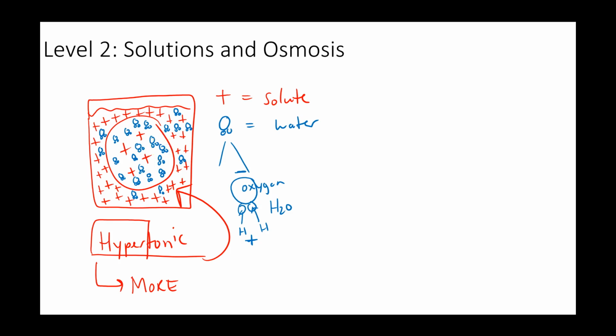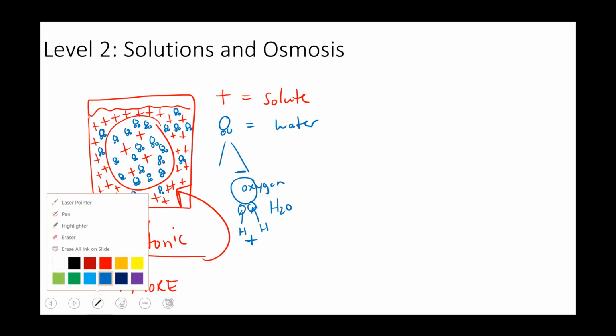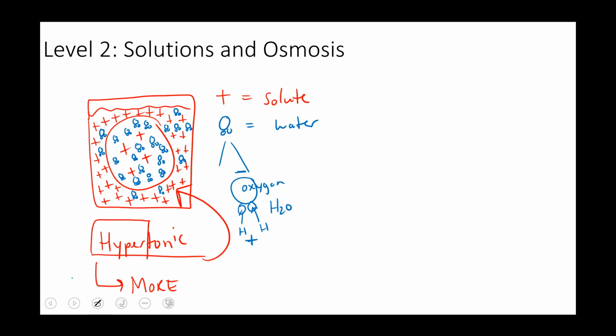So hopefully from this description here, you can see that the solution surrounding the cell has a lot more solute than inside, right? So I count only 4 water molecules here, and I did not count the number of pluses here, but let's just say it's 50.